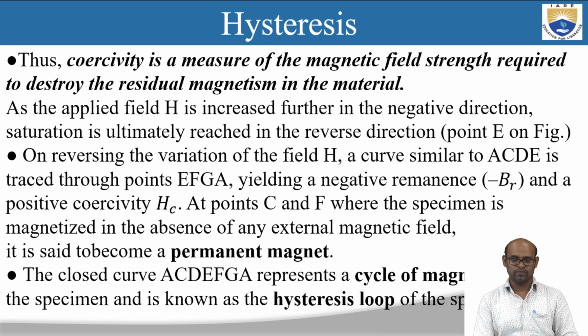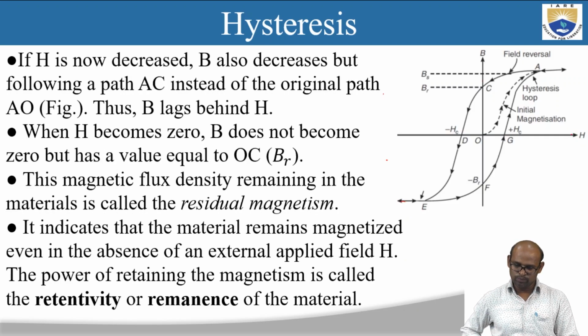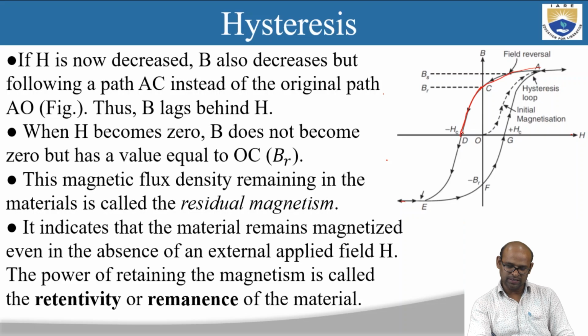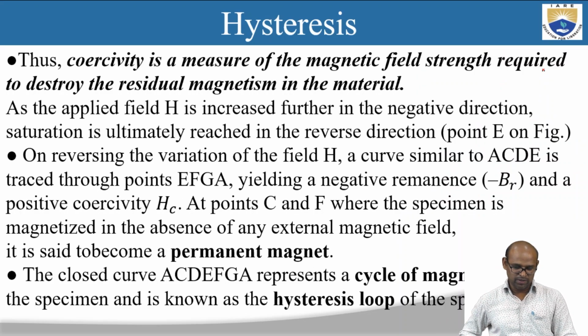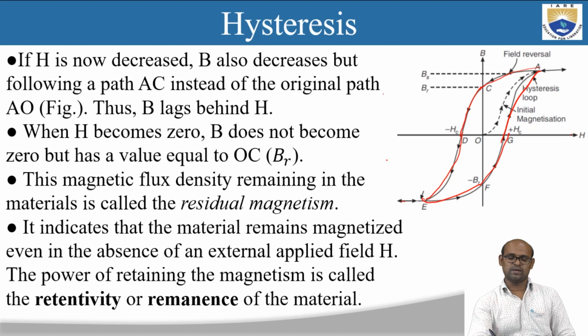The closed curve, starting from A, C, D, E, F, G, A: this closed loop A, C, D, E, F, G, A represents a cycle of magnetization of the specimen and is known as the hysteresis loop of the specimen.